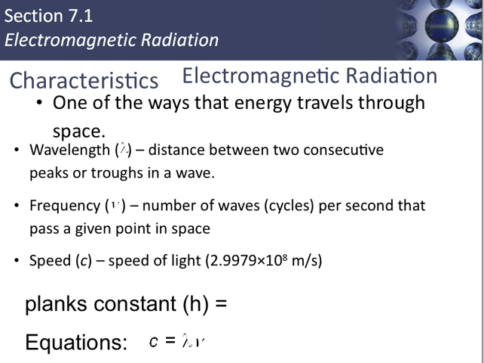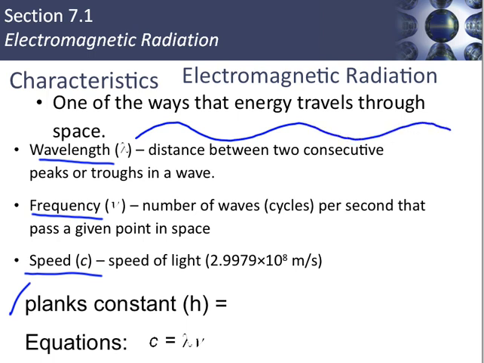It's all based around these properties of light: wavelength, frequency, and speed of light, as well as something called Planck's constant. We know light travels in waves, and in our world, because of that duality, electron and wave are pretty much the same thing. I know it's weird to think of an electron being a wave, but that's one of those crazy things you'll learn when you get to quantum chemistry in college.